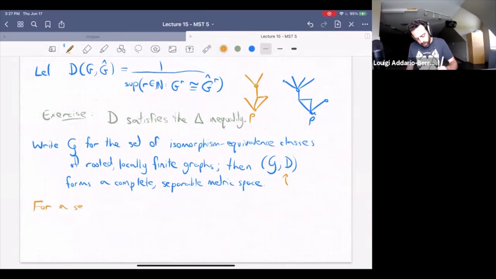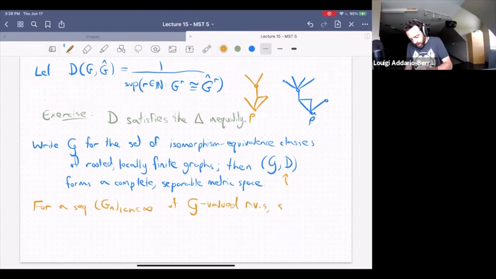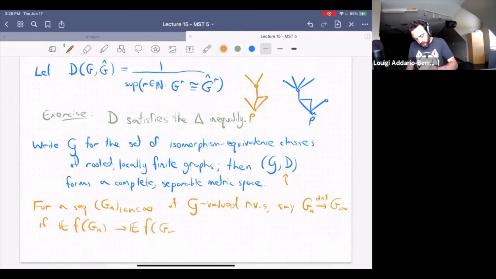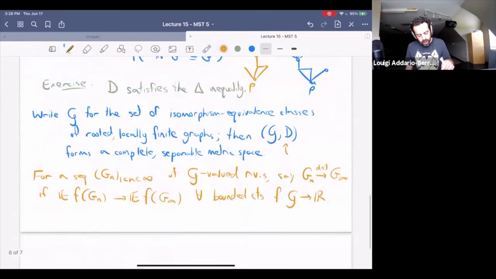For a sequence Gn of G-valued random variables, with the limit G infinity, we say that Gn converges in distribution to G infinity if the expected value of f of Gn converges to that of G infinity for all bounded continuous functions f from G to R. That's the standard definition of convergence in distribution in a complete separable metric space. I'm just making it explicit this once.